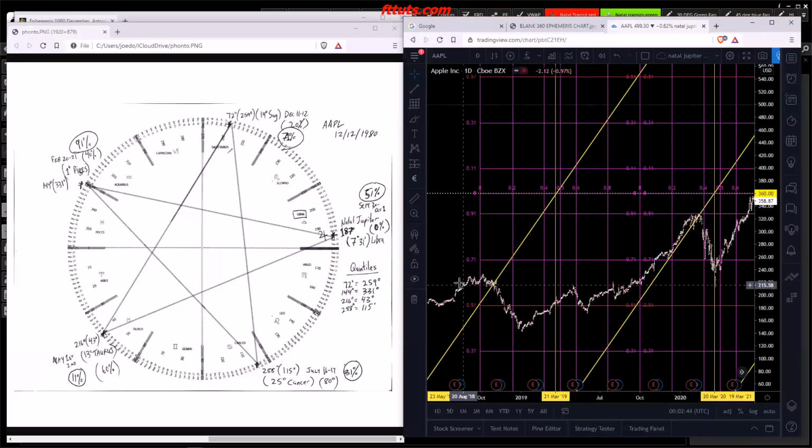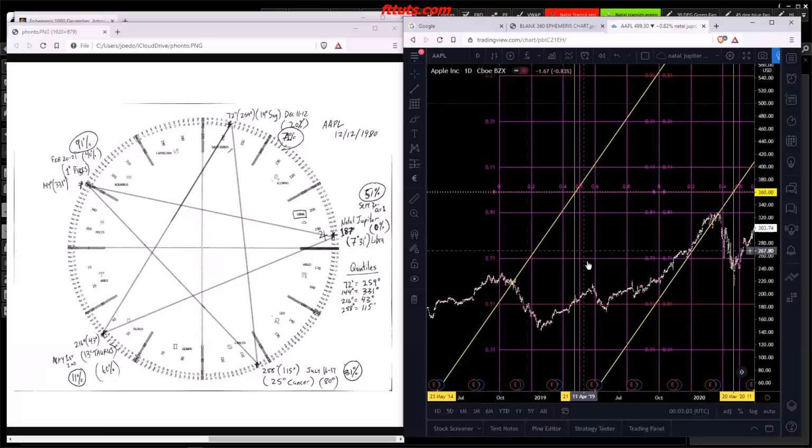And the way that we do that is we basically watch for planets to make associations of some sort or some special relationship on the circle. And then we look for the price to literally be at that position. Now, it doesn't always happen perfectly.